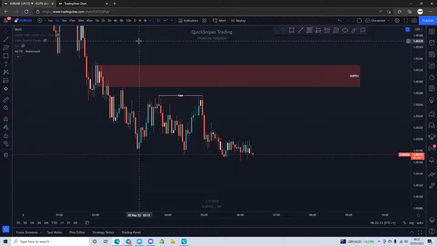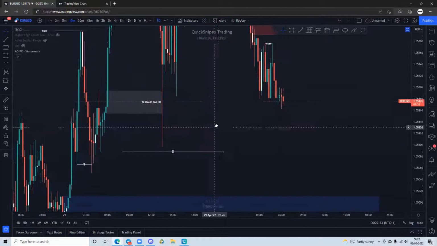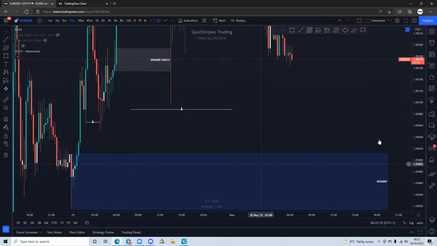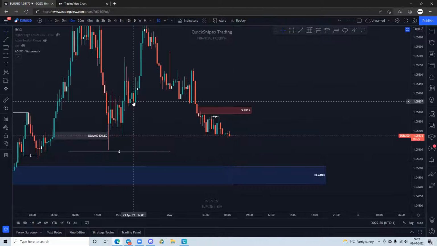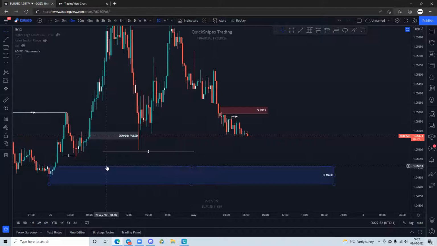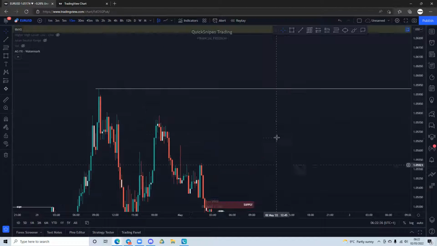So what else can we see on the chart? What I can see on the 15 minute was that failed demand and potential 15 minute point of interest. So the only two trades I'd be looking at is this one to take out this liquidity and then move up to our imbalance.